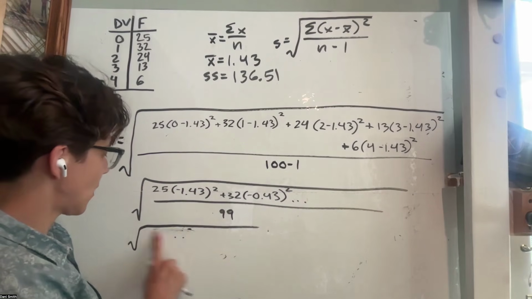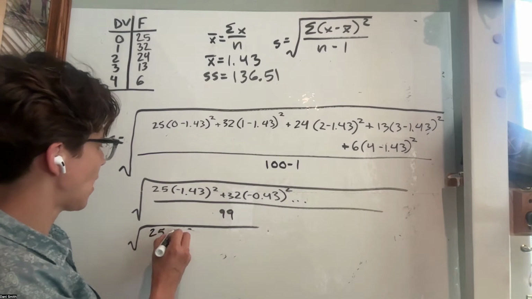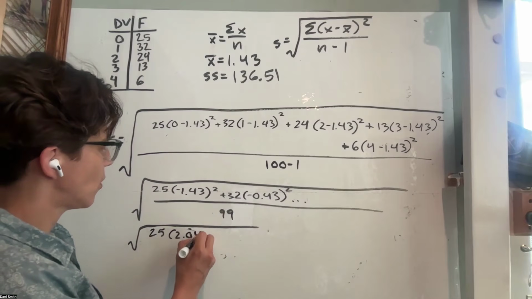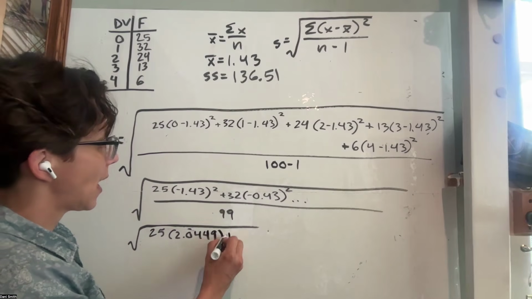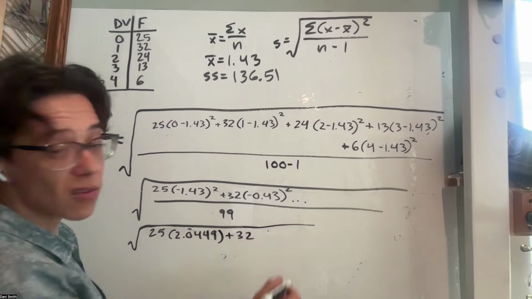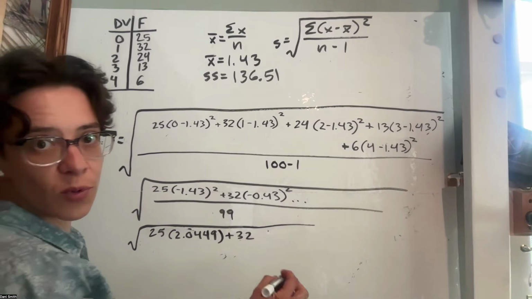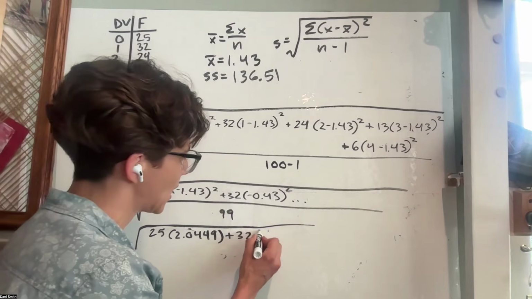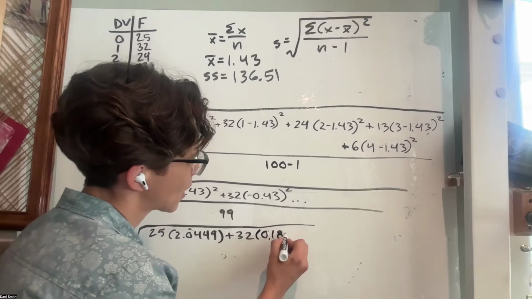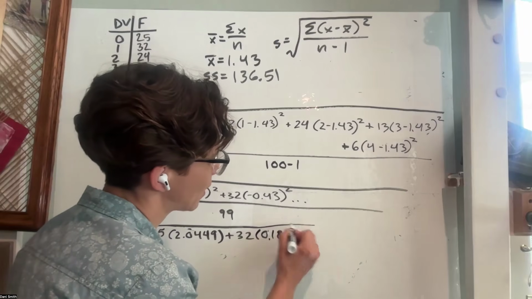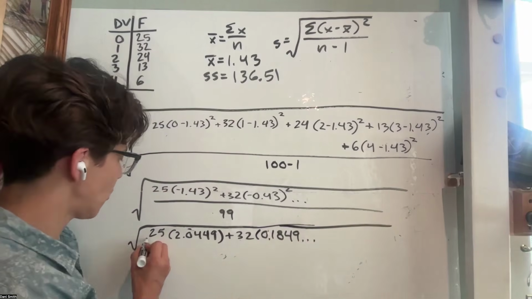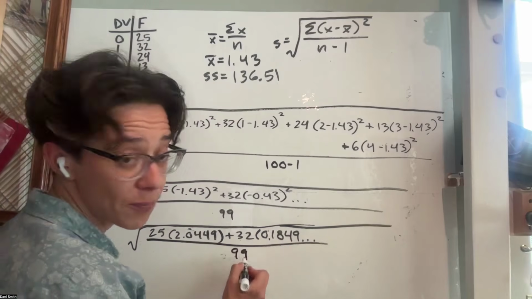And then, need the 25 in front of that. 25 times 2.0449, and then plus 32 times our next squared deviation, which was 0.1849. And then we would keep doing that for the other several values. Still have the divided by 99 here.